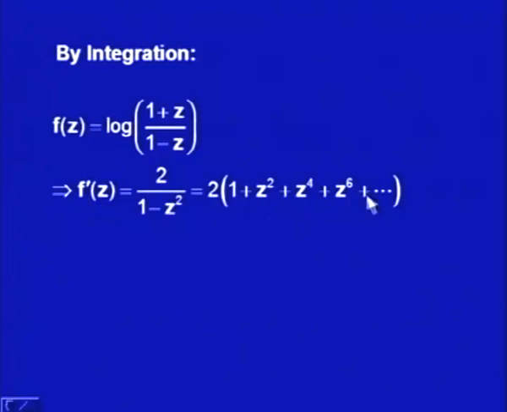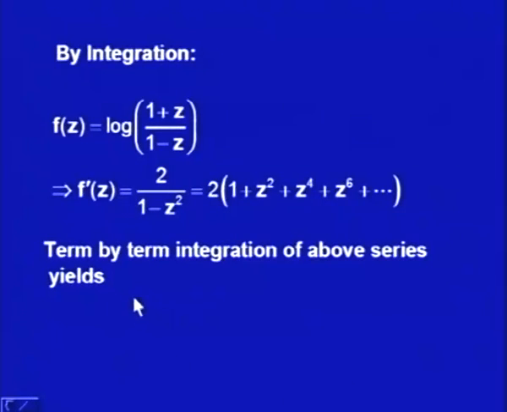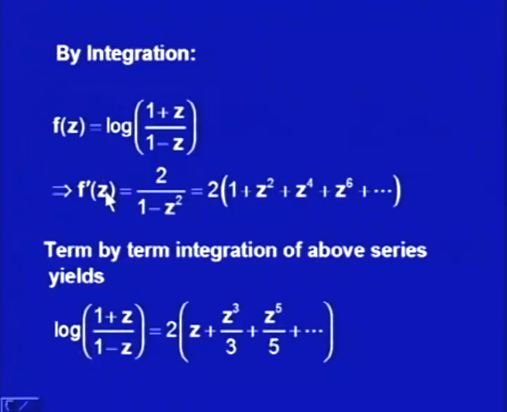From this Taylor series I can obtain f(z) by integrating the series, applying term by term integration. Integration gives me f(z), which is nothing but log of (1 plus z) over (1 minus z). On the left hand side we will have log of (1 plus z) over (1 minus z), and when we integrate the right hand side it is 2 times (z plus z cube by 3 plus z to the 5 by 5 and so on).